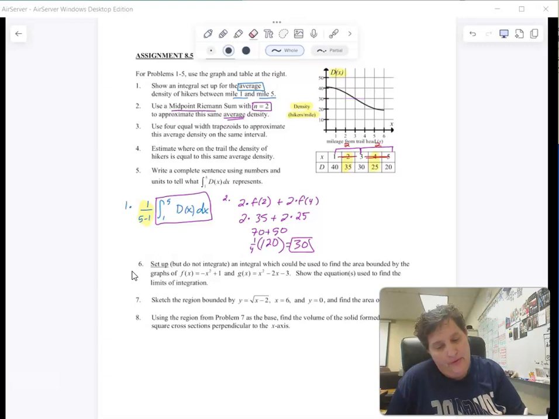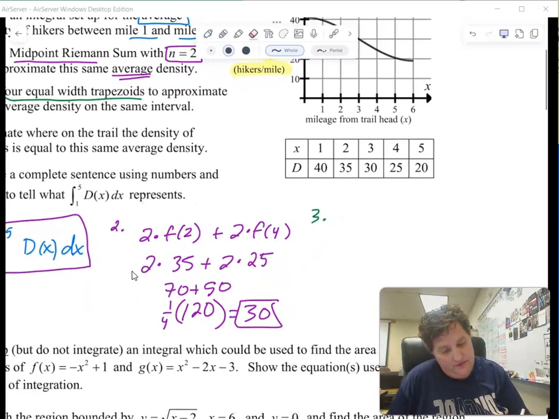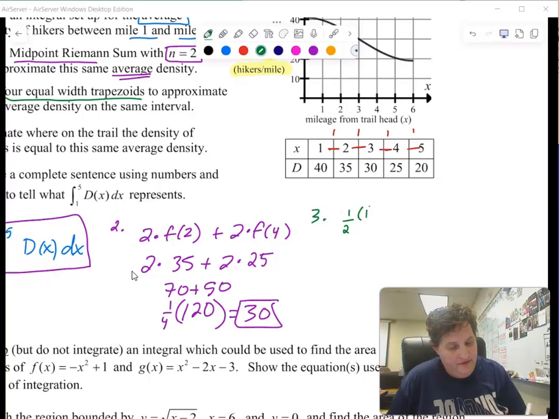Okay. For number 3, 4 trapezoids to approximate the average density. Okay. Good. Trapezoids. And I'm doing all 4 of them. So the bases here are each 1. You guys can see that though. Okay, so for trapezoids, the areas are 1/2 base and then 40 plus 35.